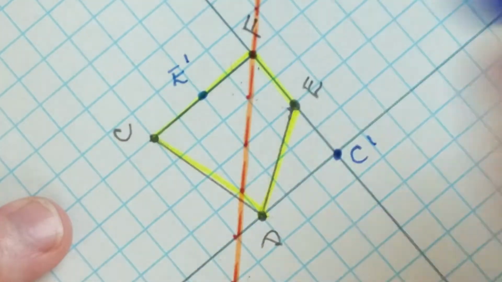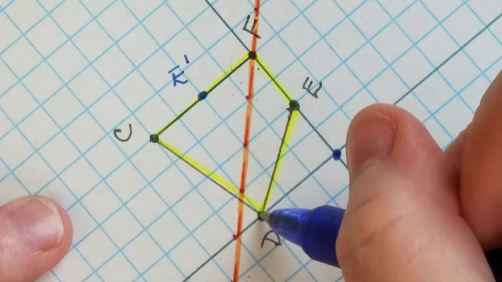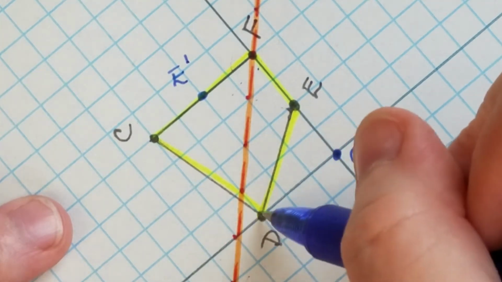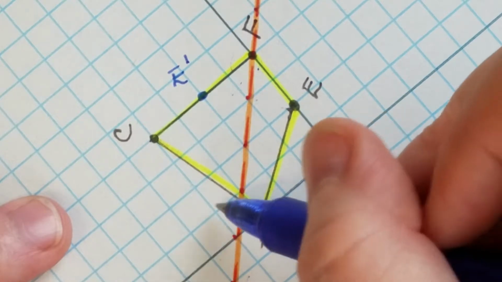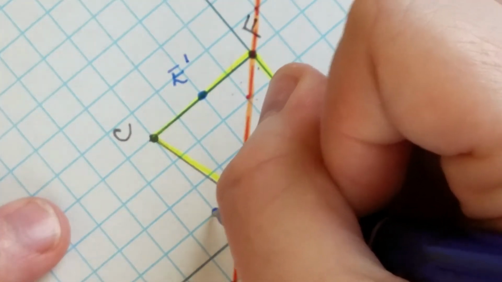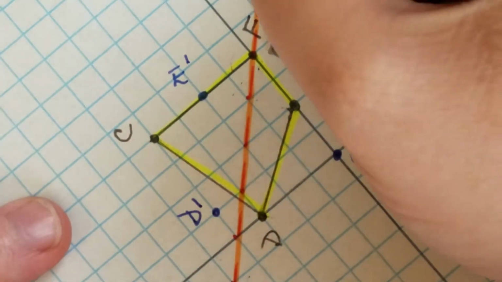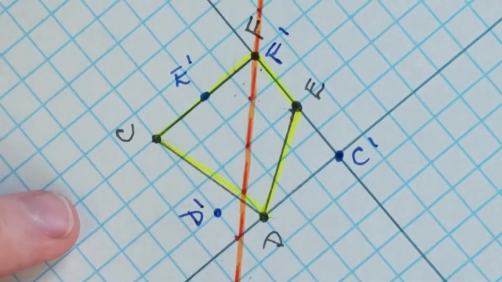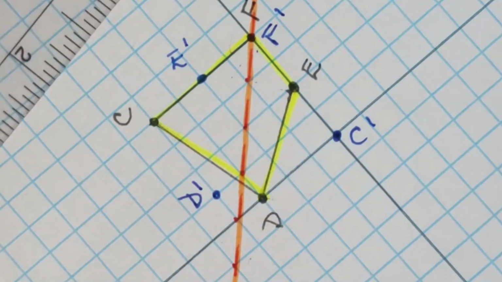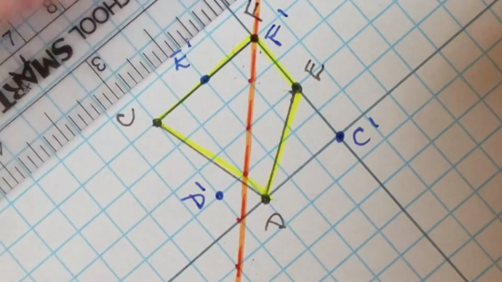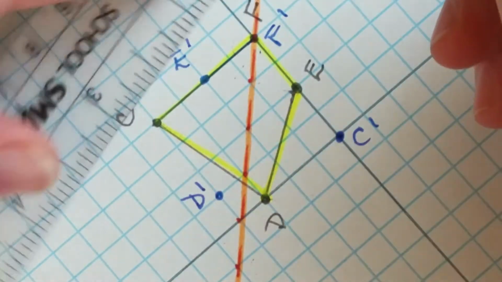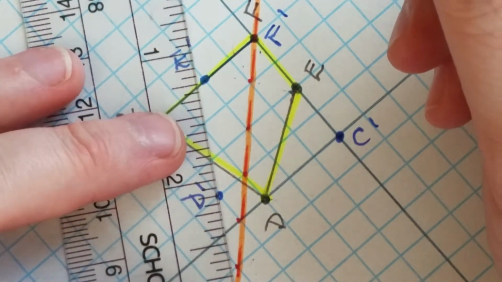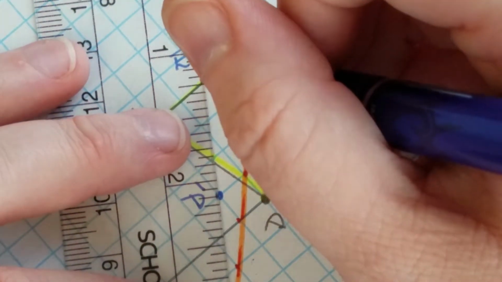That's going to be E prime. D is half a square away, so it's half of a diagonal, so I'm going to mirror that to the other side, and D prime is going to be right there. And like we said, F is on the line of symmetry, so F prime will also be on the line of symmetry. So if we make our quadrilateral here, connect our dots.